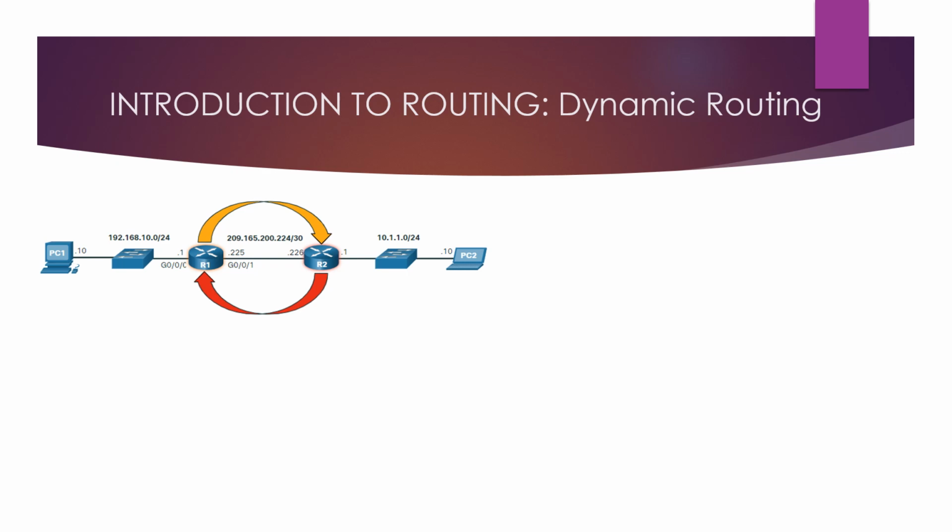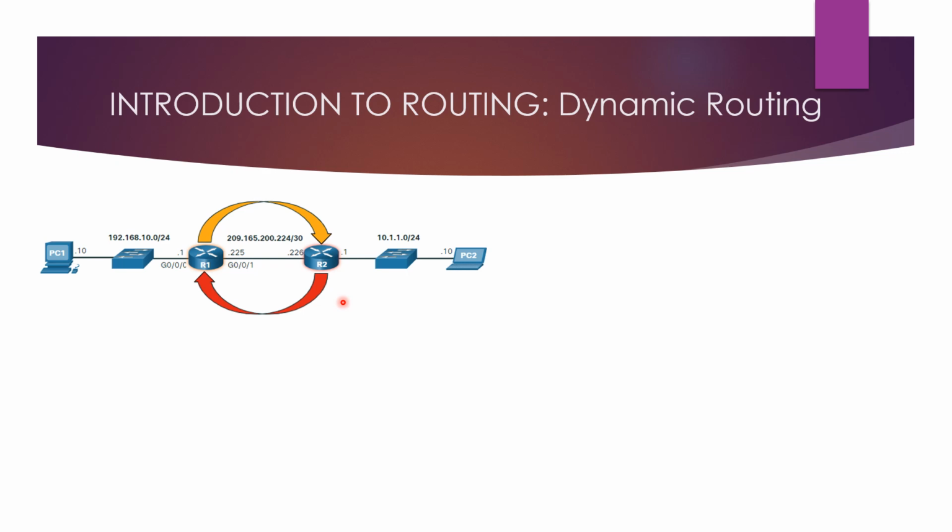The figure shows an example of router 1 and router 2 that automatically share network information using the protocol Open Shortest Path First.